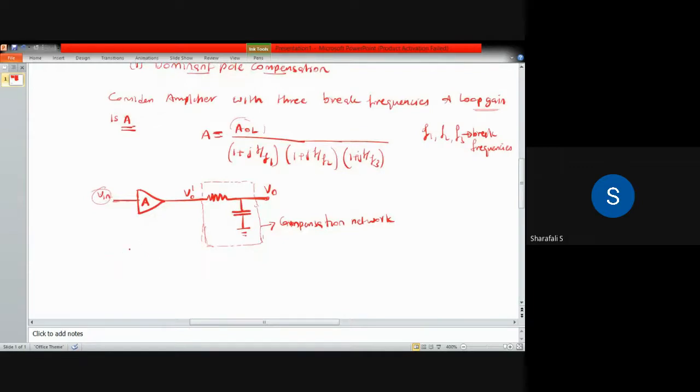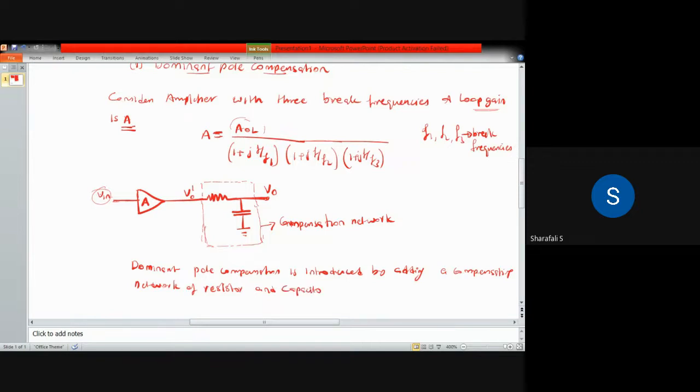So dominant pole compensation is introduced by adding a compensating network of a resistor and capacitor.